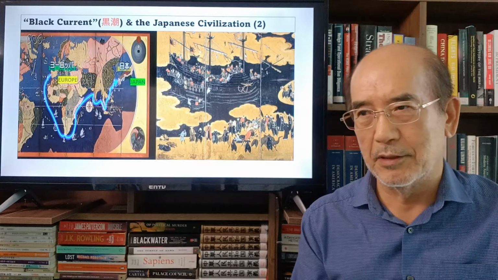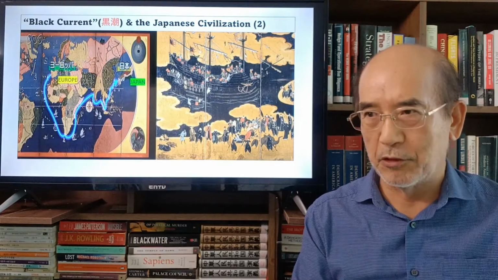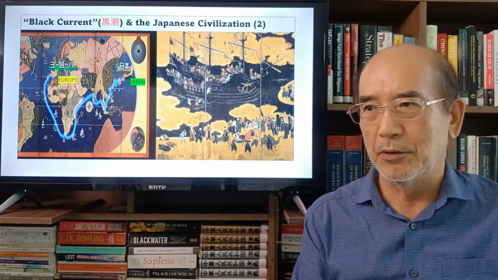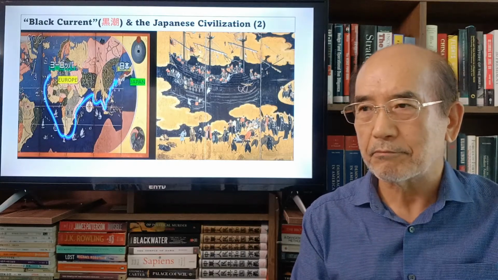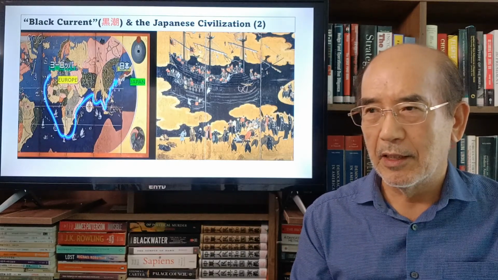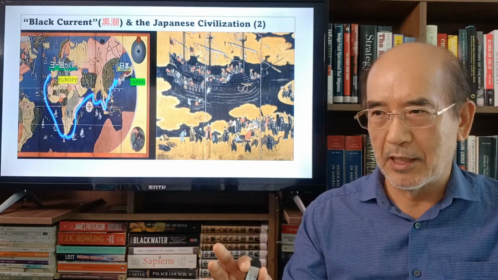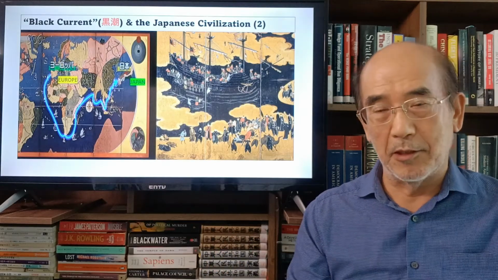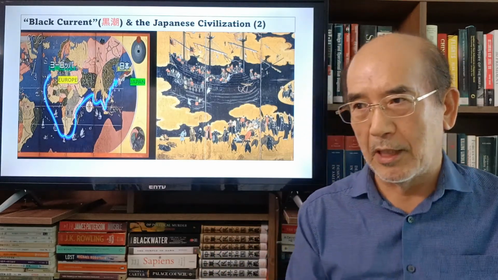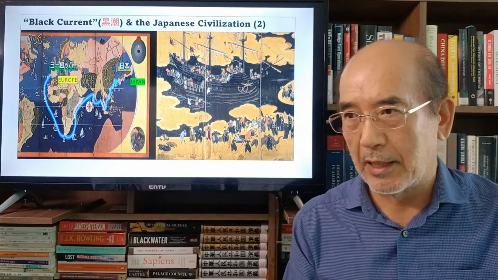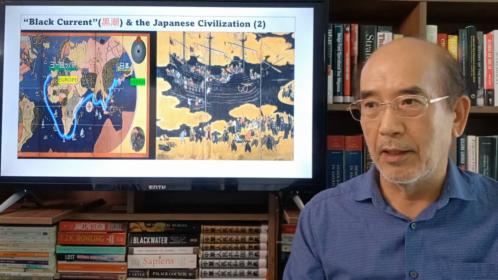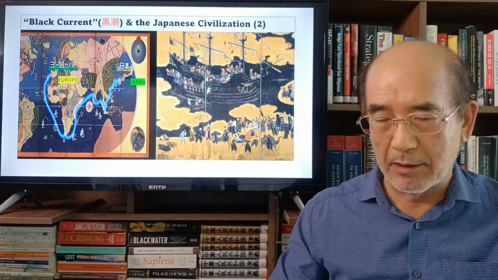For instance, the Western ships wanted to go to Shanghai or Beijing. Then, before entering the South China Sea, at that time ocean technology was not really sophisticated, so not knowing the situation, they rode the black current.